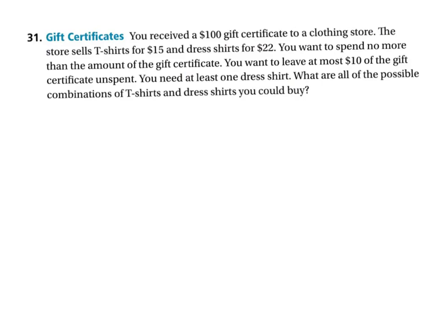Number 31, you received a $100 gift certificate. The store sells t-shirts for $15, dress shirts for $22. And you want to spend no more than the amount of the gift certificate.